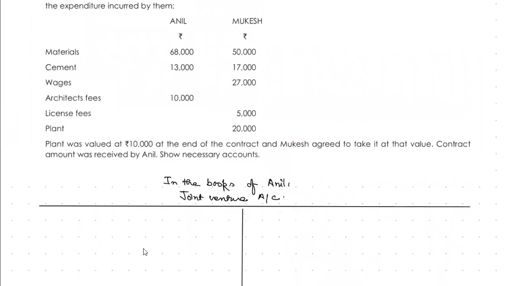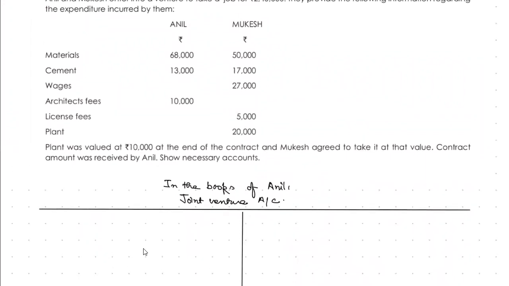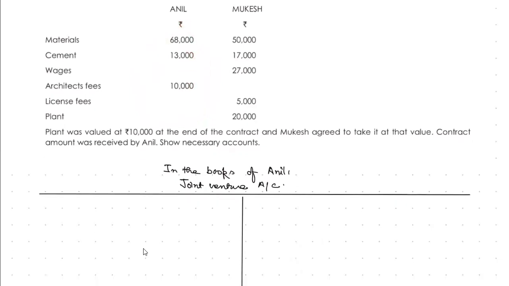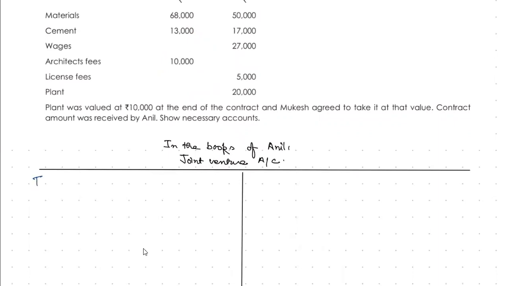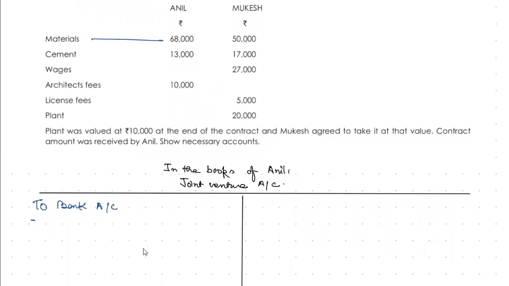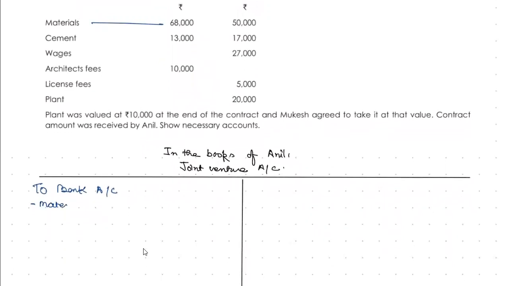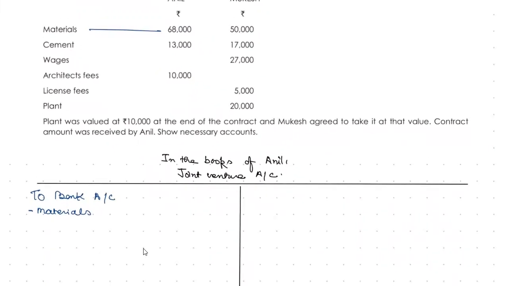Okay. Now see, whatever are the expenses done by Anil, by what name will it replicate in his book? उसका नाम क्या लिख सकते हैं हम? We cannot write his name, correct? So what we will write? These all are expenses. क्या लिखेंगे बताइए. मुकेश के नाम से आएगा ना सर? नहीं, अनिल के बुक में अनिल के एक्सपेंसेस नहीं आएंगे क्या? हाँ तो आएंगे। बैंक अकाउंट, हाँ बैंक अकाउंट। Now see, the first one what he has done is materials, 68,000.